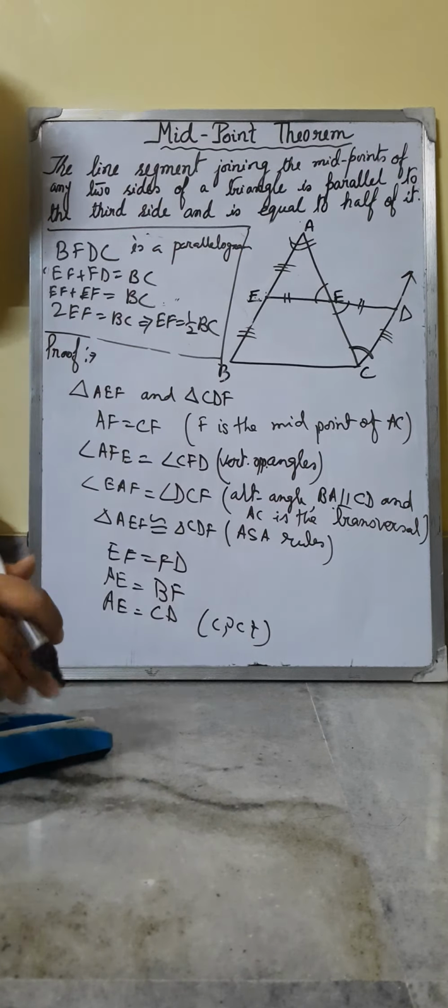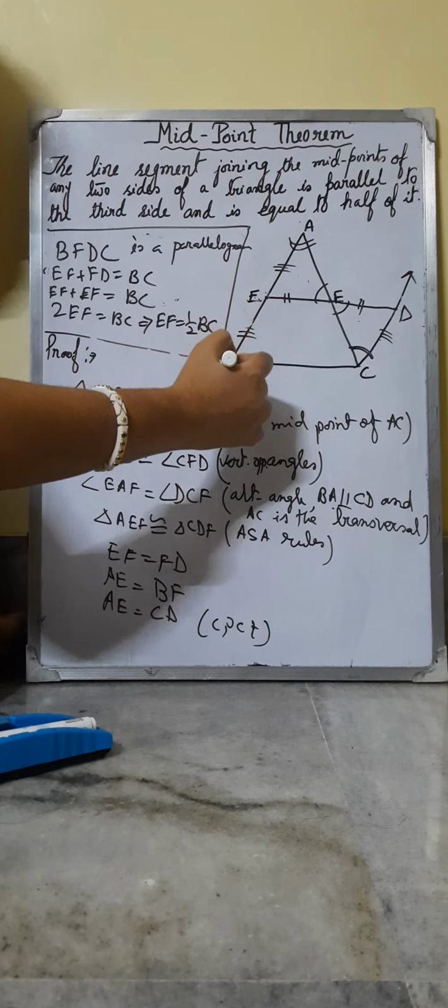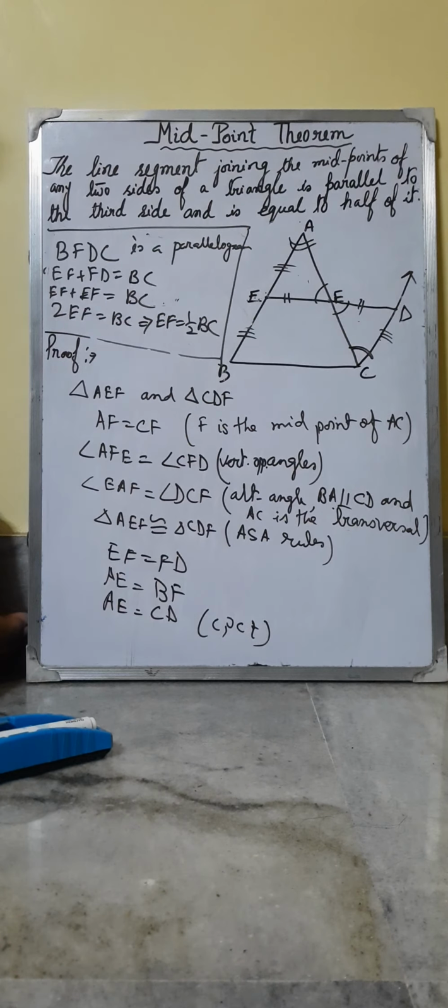So from this construction, when we construct from C a line which is parallel to BA, and the line segment EF joins at point D, we can easily prove these two triangles are congruent. And from the proof, we can say that BCDE is a parallelogram.